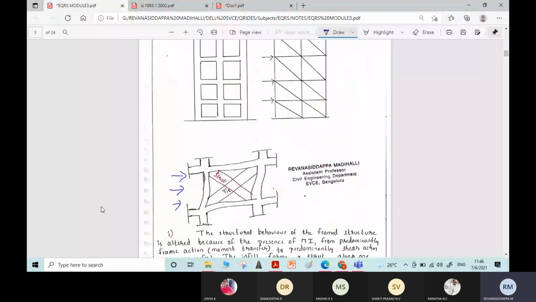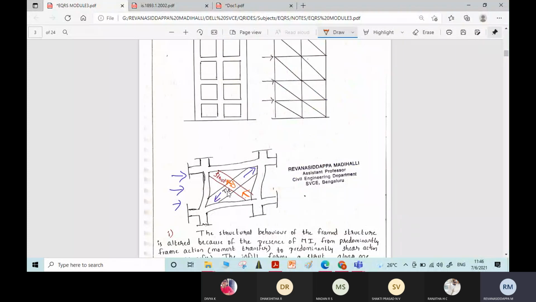Means you can see on one diagonal, the tension will be developed, and on the other diagonal, the compression will be developed.